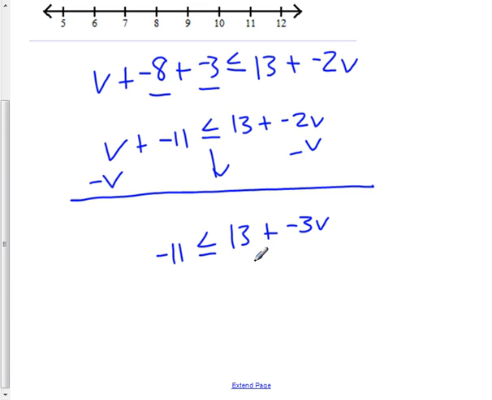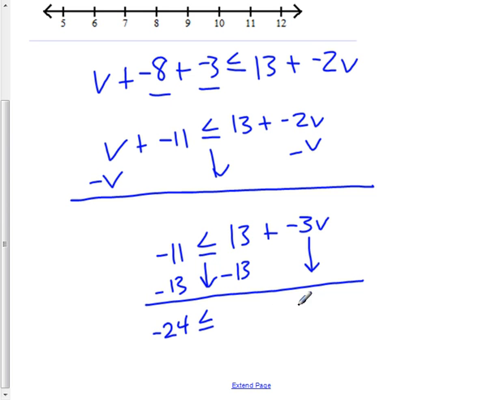Okay, now I need to get rid of this number right here, the addition and subtraction. So let's subtract 13 from both sides. Draw your line. Again, we're going to bring this straight down. Since we're just adding and subtracting, let's bring the symbol straight down. We won't change it. So we're going to get negative 24, and we're going to get negative 3v right there.